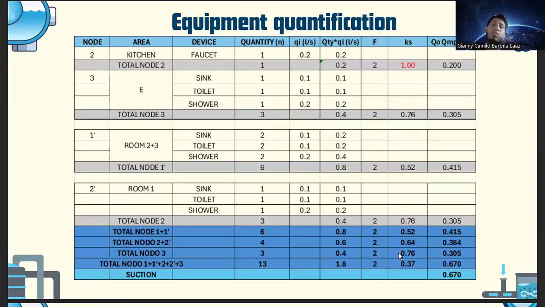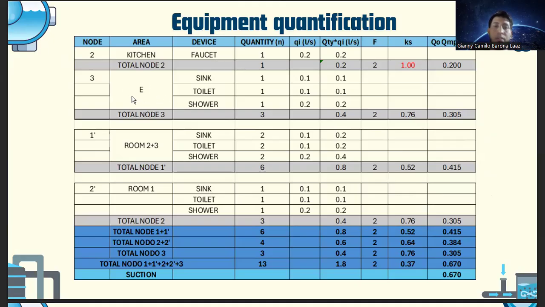We have also the equipment quantification. In this case, we have the nodes. We got the area. For example, we have the kitchen, two rooms, finally the room one. In this case in the kitchen we have a faucet.